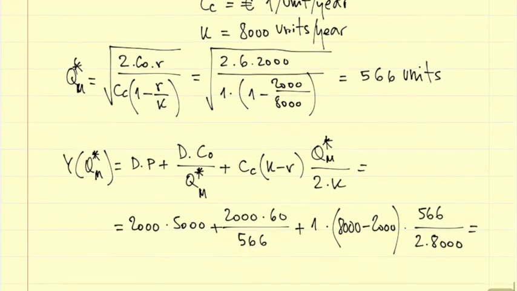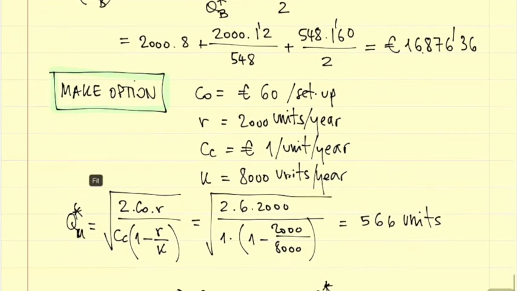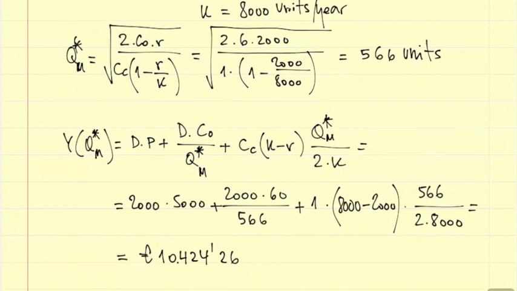I'm just substituting, okay. And this equals euros 10,424.26. So the cost of making is smaller than the cost of buying.